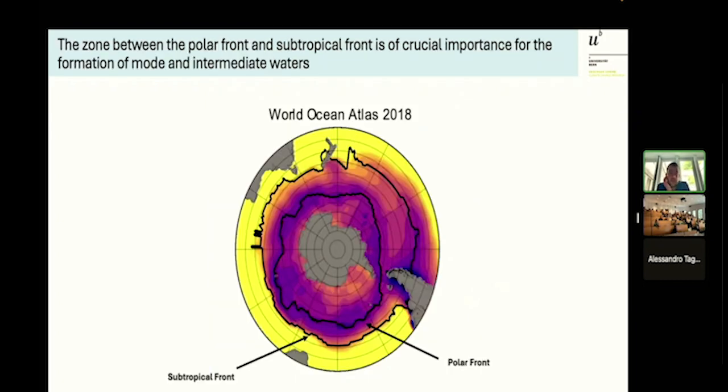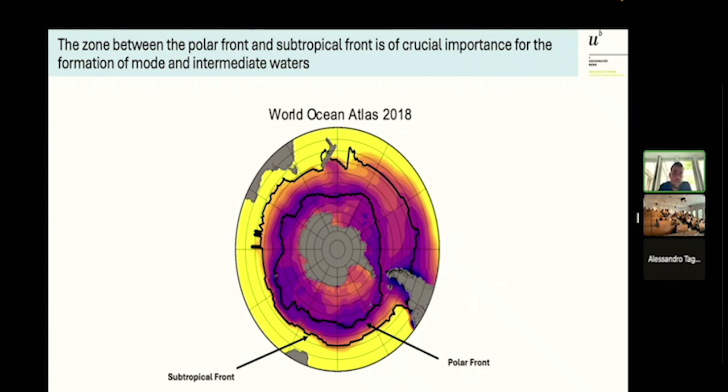As I said, we have this important zone between the subtropical and the polar front. And what you see here is the sea surface. It's not the sea surface density, it's the sea surface salinity. Because in cold waters, the differences in density are 90 to 95, even more percent, driven by sea surface salinity, and temperature doesn't really affect density at this point anymore.